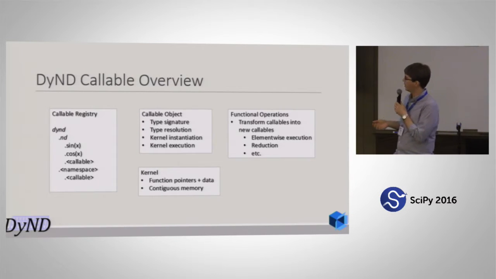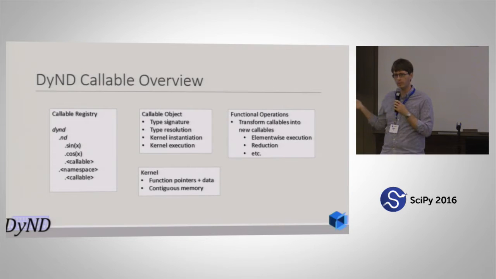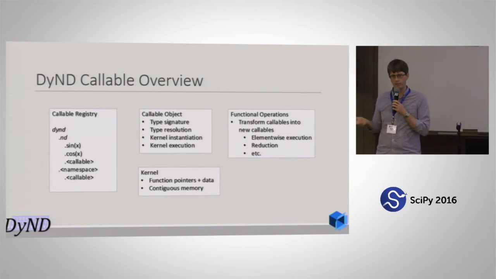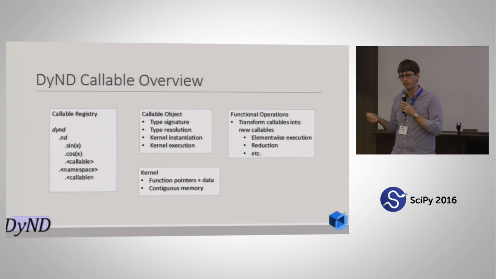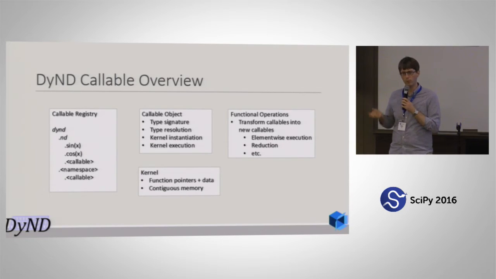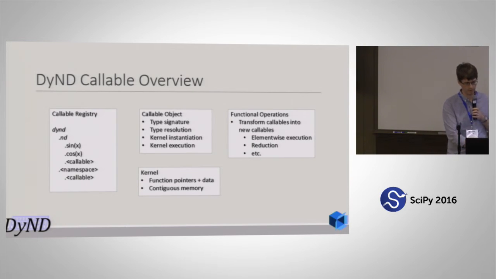They're basically function pointers plus associated data. They're structured as contiguous memory, which means that if you have kernels calling each other, they're all accessing their local data in one contiguous chunk. So going through levels of these kernels should be very cache friendly.